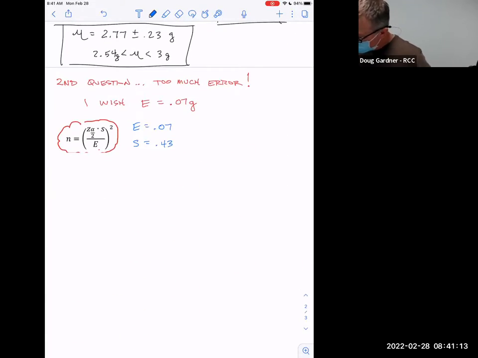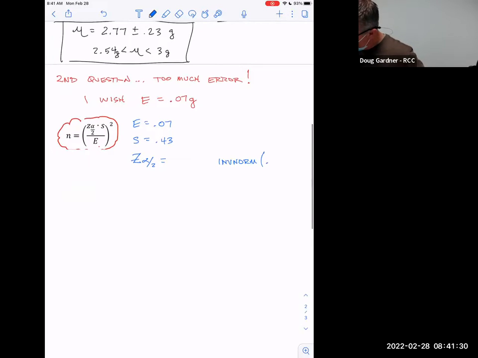And lastly, our Z score. Our Z score of alpha over 2. Well, we're using the normal distribution now. If we're sticking with 94%, then this percentage to the left hasn't changed. The only difference with inverse normal is it asks for the mean and the standard deviation.